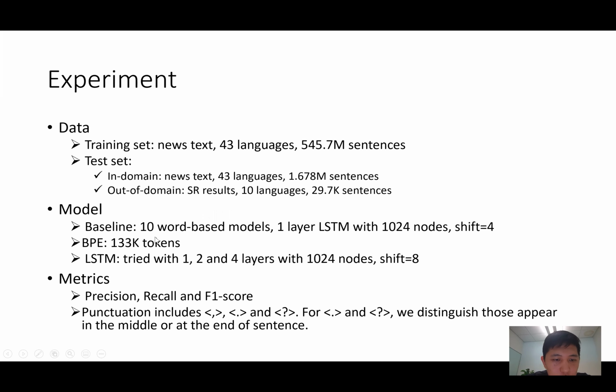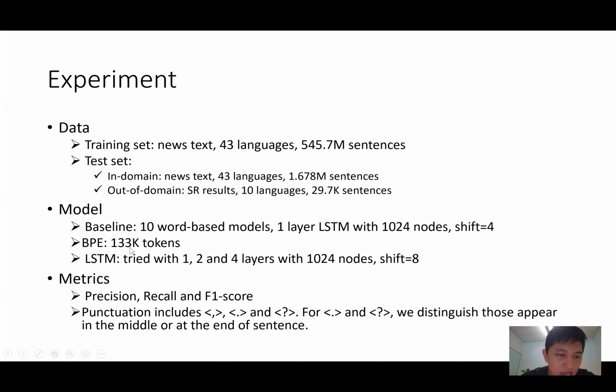The baseline model is the monolingual word-based model of 10 languages. The model is a one layer LSTM with 1,024 nodes. The shift is 4.